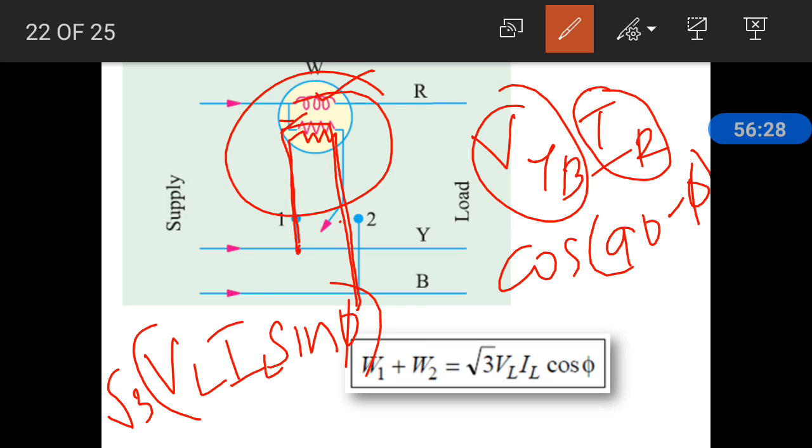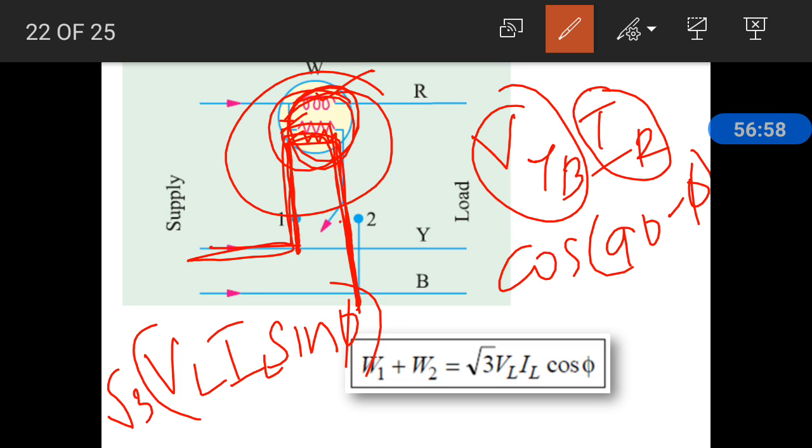What reading comes in this wattmeter multiplied by root 3 is the total reactive volt ampere. In this connection only the current coil is connected to any one phase, here the R phase, and the potential coil is connected across Y and B. With this type of connection we can calculate the reactive volt ampere directly.